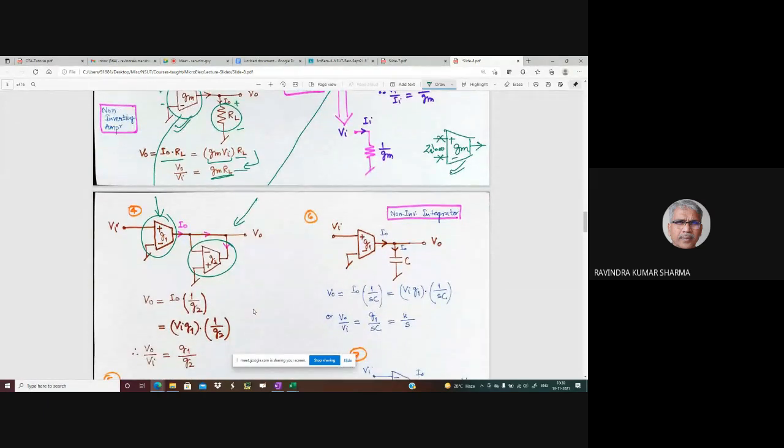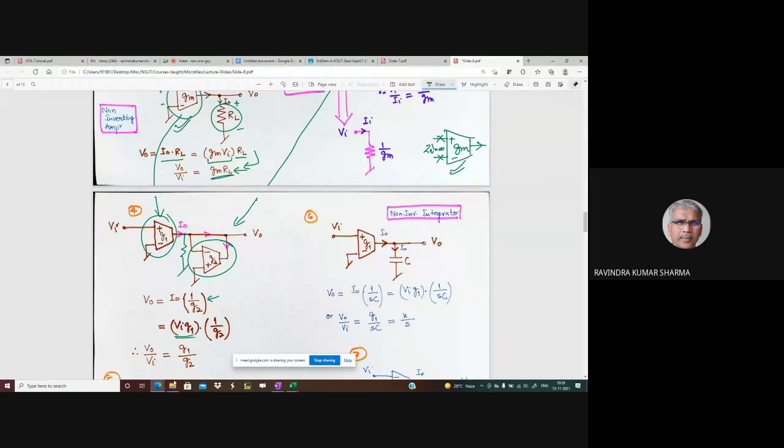Is that fine? Now derivation is very simple. यहां ऊपर जहां पर RL लिखा हुआ है, वहां पर 1 by G2 लिख देना है. So VO is IO times 1 by G2. There is, in fact, यहाँ पर आप एक रेसिस्टर लगा हुआ सोच सकते हो. That resistor is nothing but 1 by G2. So IO times 1 by G2 is the VO, and IO is VI G1.